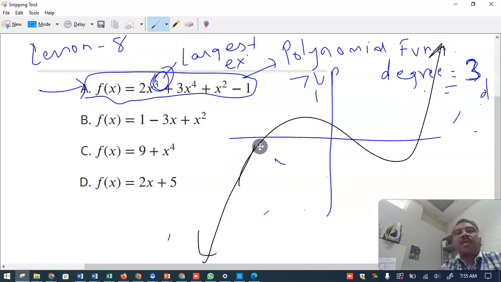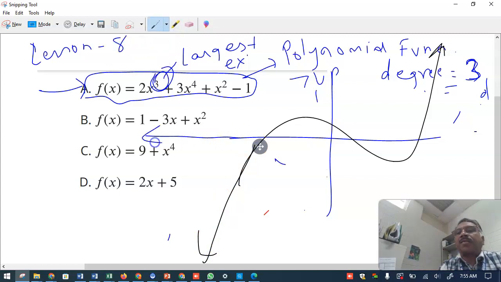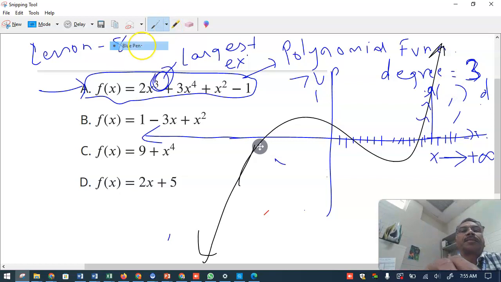What this basically means is, when you make x a very, very large positive number, let's say 10, 20, 30, 40, 50, 100, 800, 1000, 10,000 and so on, so x goes to positive infinity, then any point will have a y coordinate that keeps increasing.